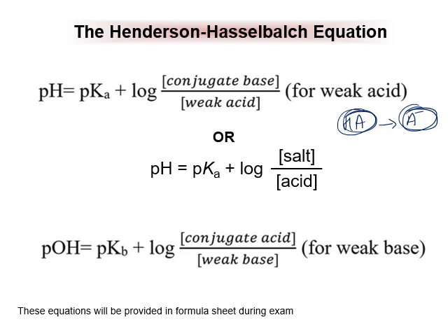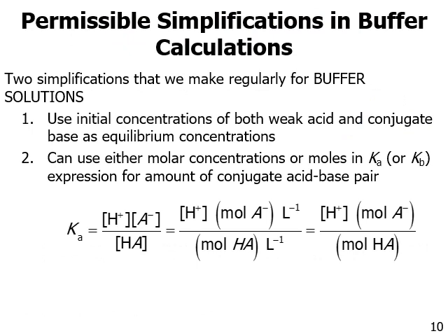If it's a base, your equation changes to pOH equals pKb plus log of conjugate acid over the base. Those are the two equations. Those will be given to you for every single exam. You don't have to memorize them, but you should know how to use them. This would make our life a lot easier.